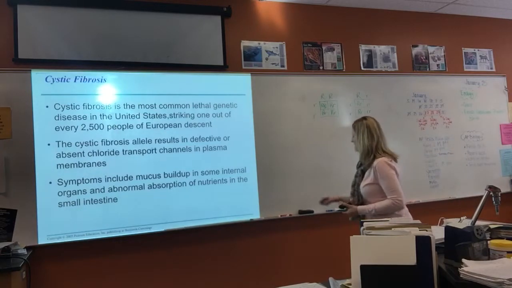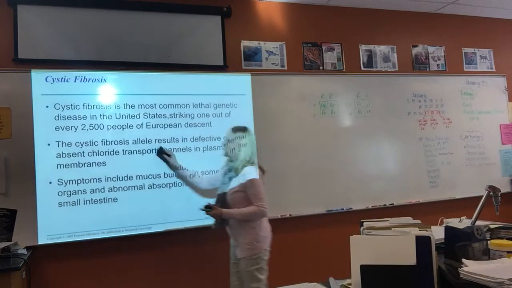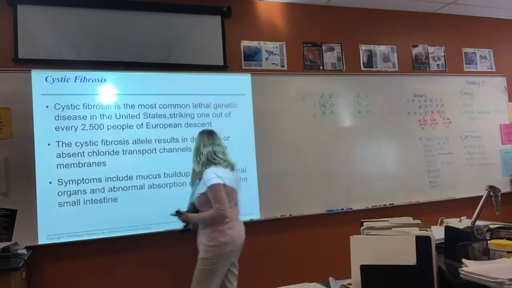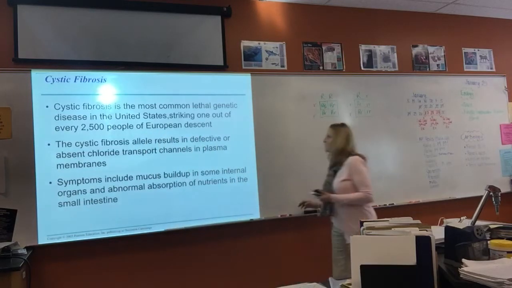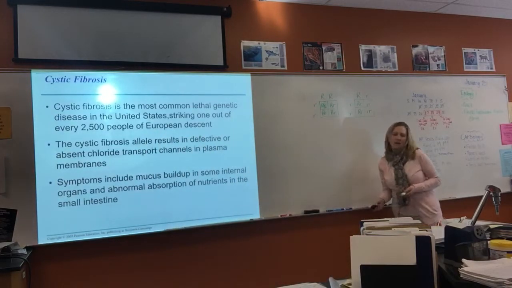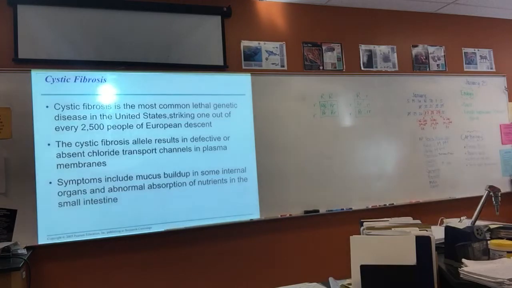And so cystic fibrosis is the example I used here. This is a lethal disease, and 1 out of 2,500 people of European descent have it. We're going to see that different genetic diseases run in certain descents more than others.